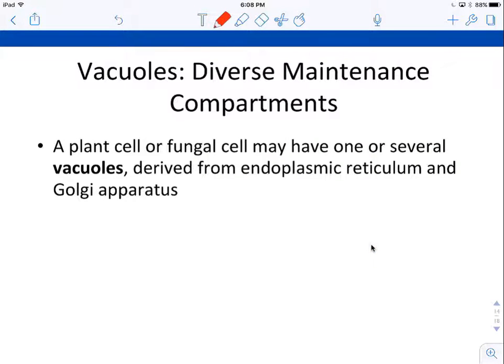And the last thing we're going to talk about are vacuoles. And vacuoles perform a wide variety of roles. Okay, plant cells or fungal cells can have several vacuoles, and they come from endoplasmic reticulum and Golgi apparatus.